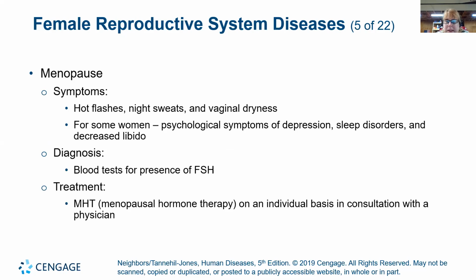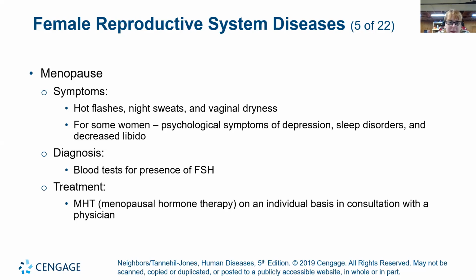They're having trouble sleeping, decreased sex drive, and the sleep disorders come because of the night sweats. Women can wake up 5, 6, 7 times a night completely soaked and have to change, that type of thing. So the final diagnosis, if a woman needs it, is they will do a blood test for the presence of follicle stimulating hormone. If that is no longer there, then they know the woman has gone through menopause.